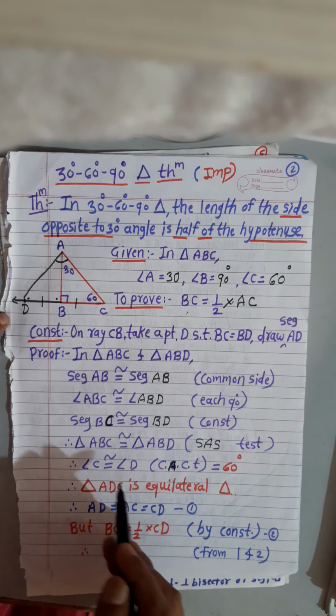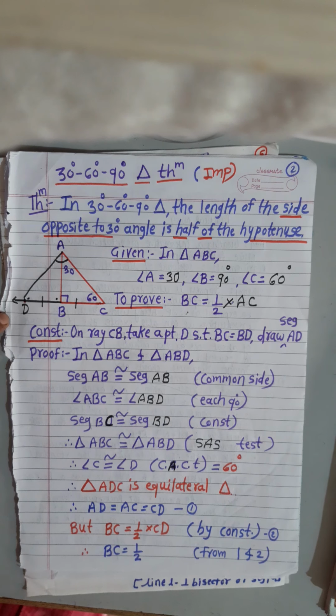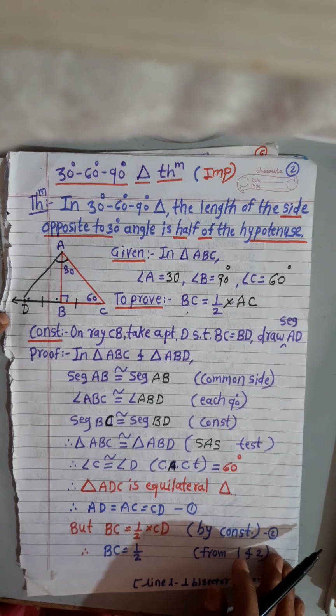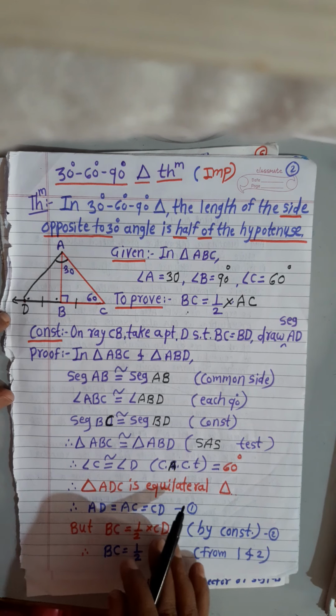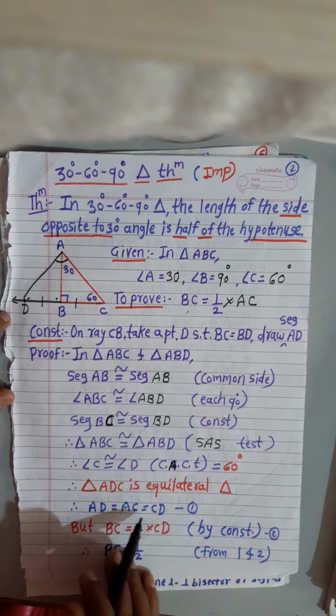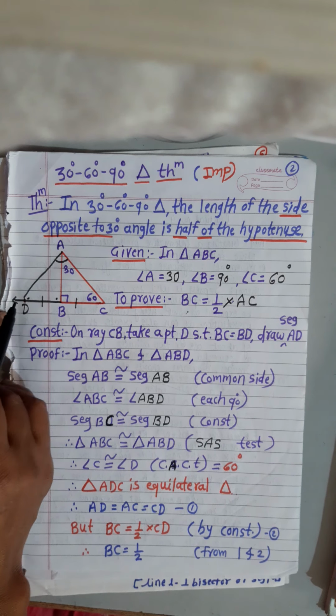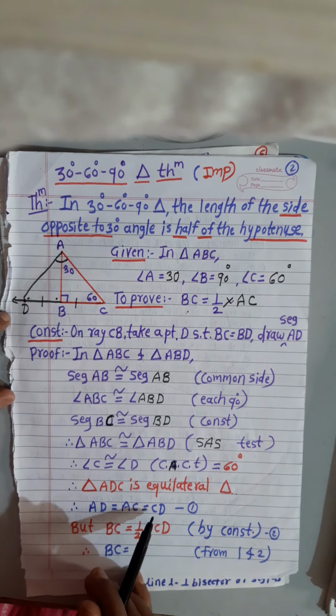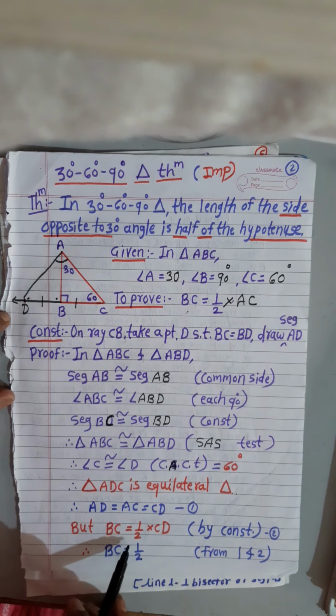Why equilateral? Because all three angles have measure 60 degrees. Since it is an equilateral triangle, all sides are congruent. Therefore AD is congruent to AC is congruent to CD.